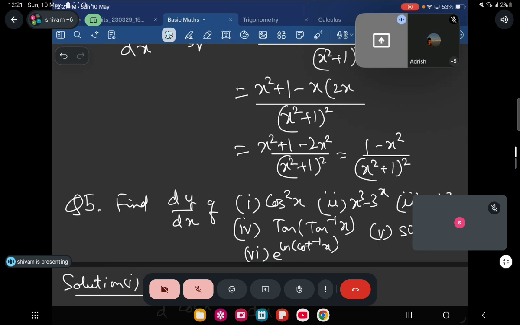Sir, we have to simplify the cot here. No, cot and everything won't be there. Can you check the first one? Okay, Adrish, part 5 is correct, but part 6 can be further simplified. Okay, wait, I'll simplify it. Okay, sir.